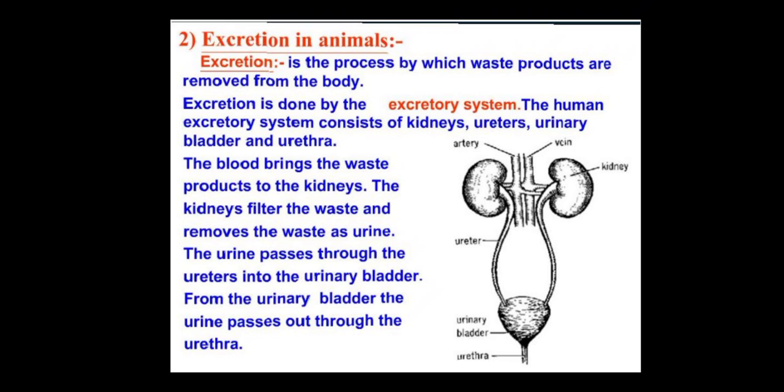The blood brings the waste products to the kidney, which filters the waste and removes it in urine. The urine that we pass out is a waste product, and it should be removed from our body. The urine passes through the ureter into the urinary bladder. From the urinary bladder, the urine passes out through the urethra.